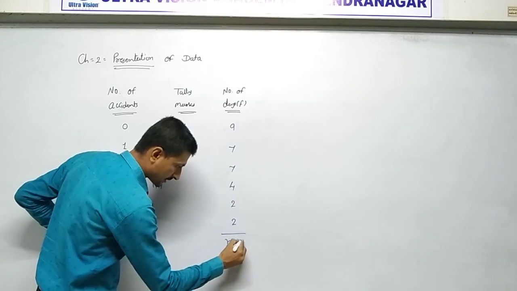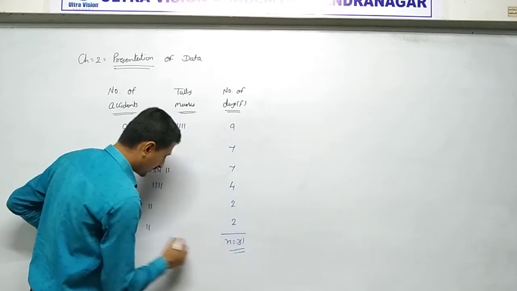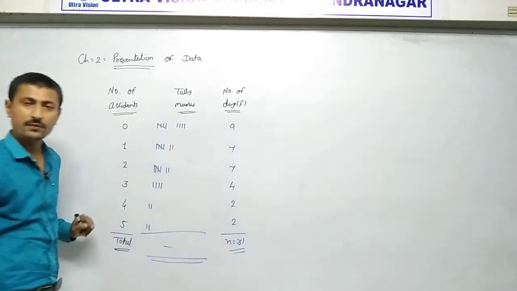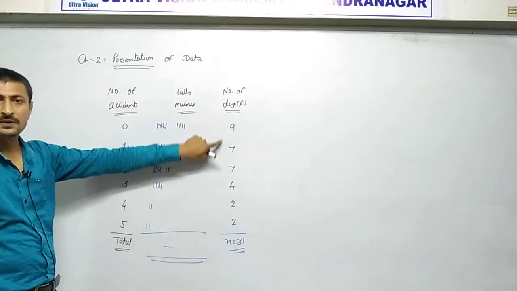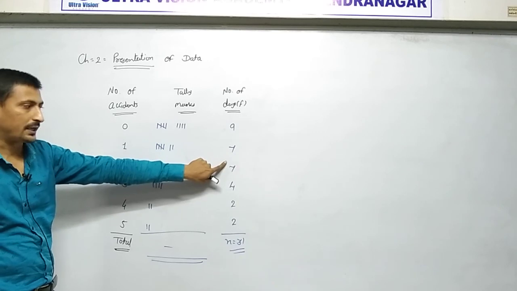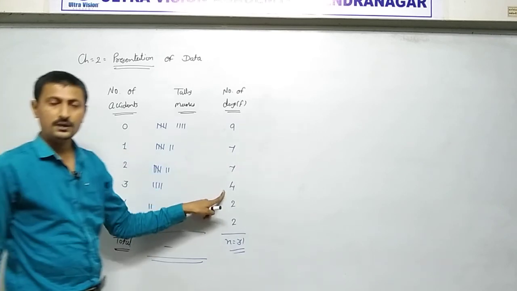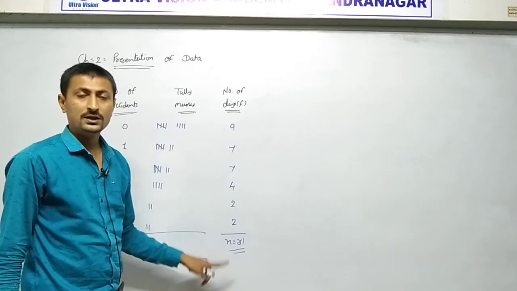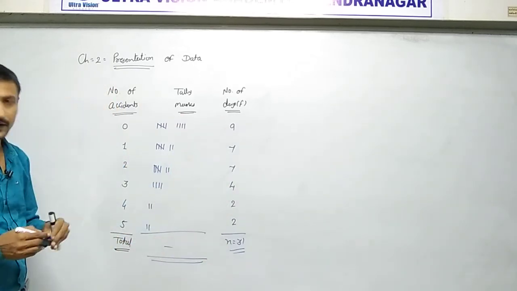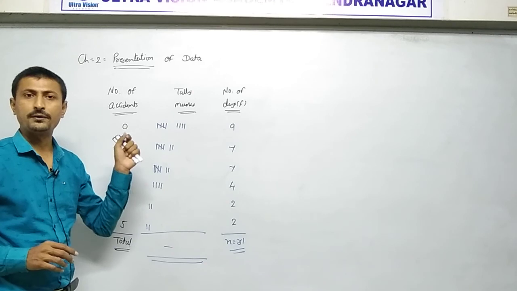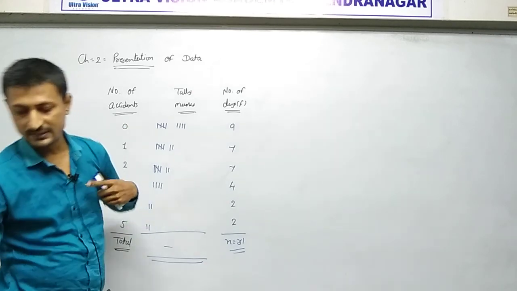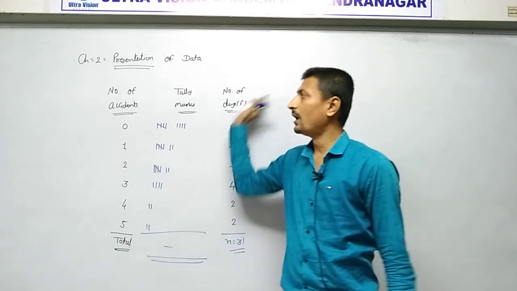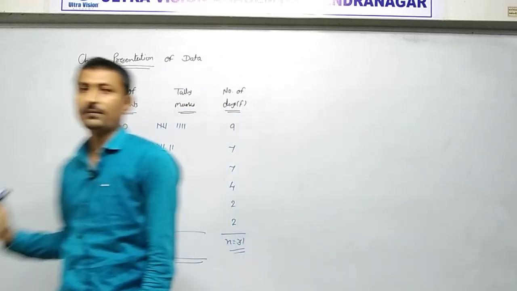The total is 31, since the month of May has 31 days. Check it: 9 plus 7 is 16, plus 7 is 23, plus 4 is 27, plus 2 is 29, plus 2 is 31. So the number of accidents on a particular road in a city in the month of May is given. This type of data is called a discrete frequency distribution.